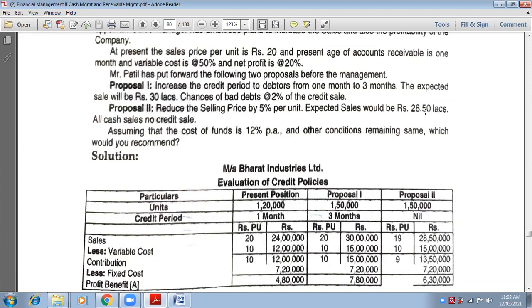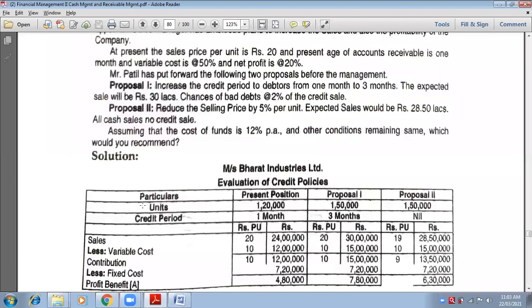Come on, tell me. What is 50% of first case, matlab present policy? 12 lakhs. Very good. Second, 15 lakh, ma'am. Yes, 15 lakhs is correct.